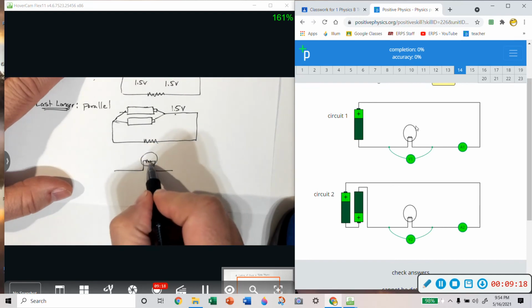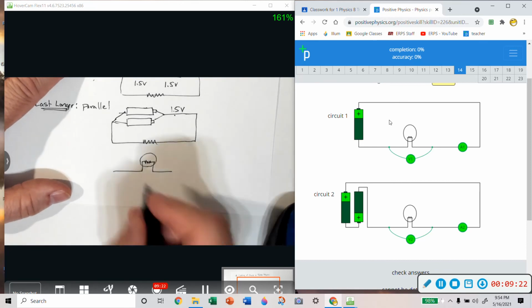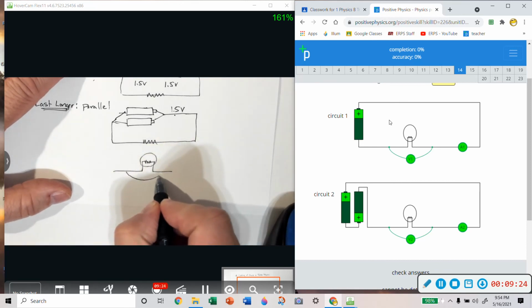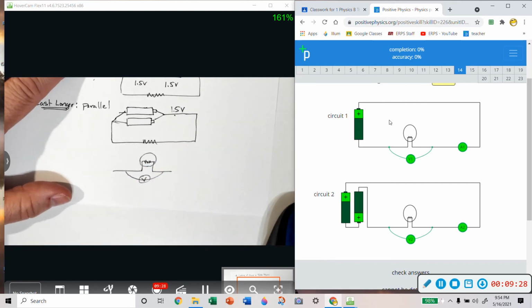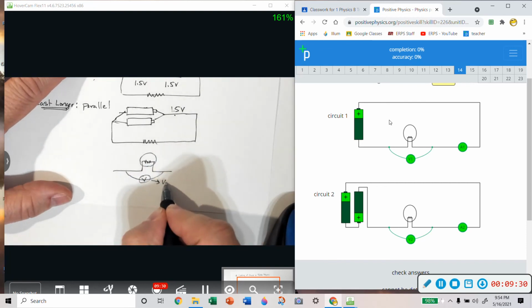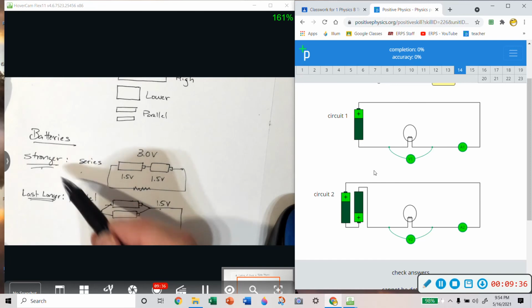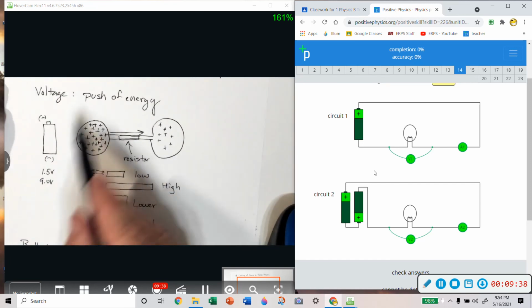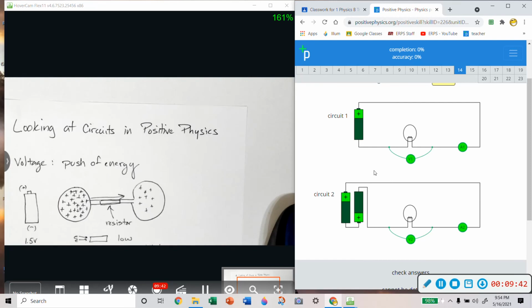They're showing you inside it's still a resistor. And of course the V, you guys know, is a voltmeter, and it's measuring a voltage drop. So I just wanted to make sure I went through different battery setups and different pushes of voltage. I wanted you to look at these pictures from their point of view and what they're trying to tell you.